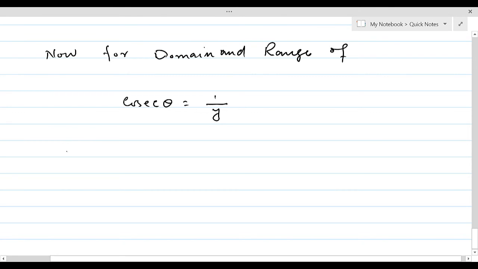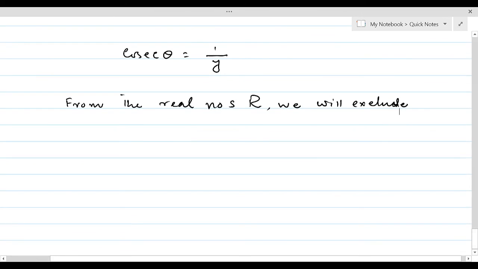So we will exclude those values of theta for which y is equal to 0.